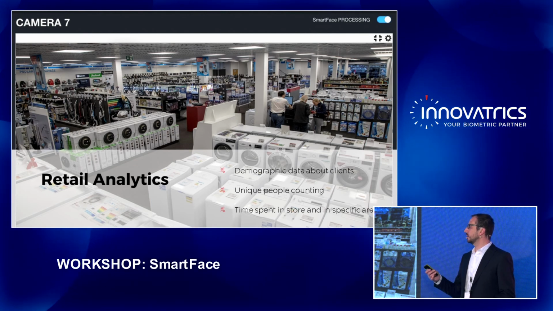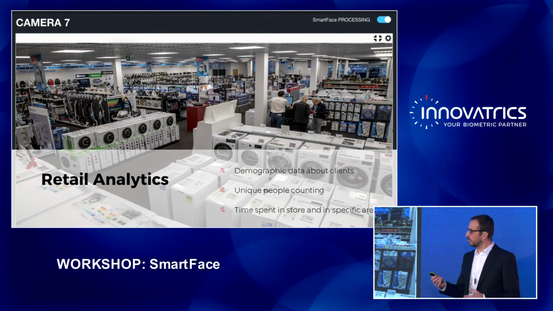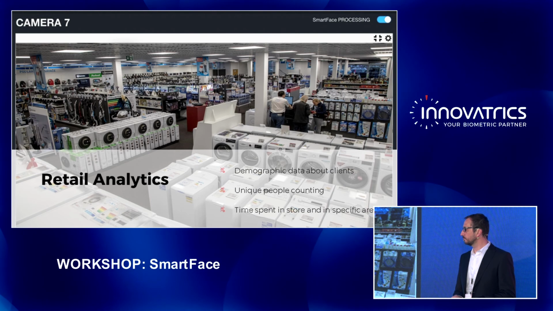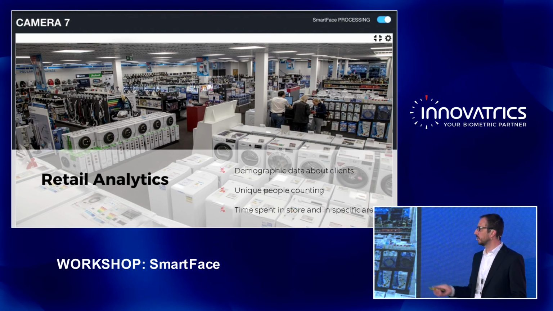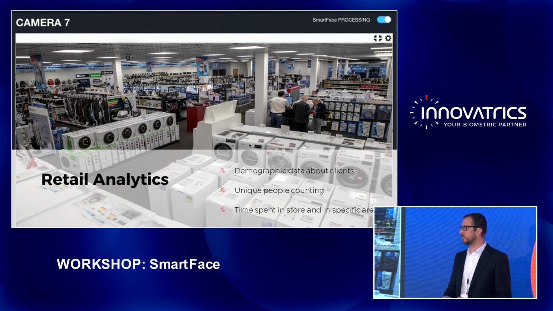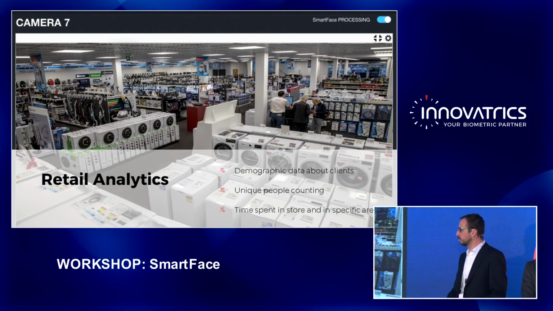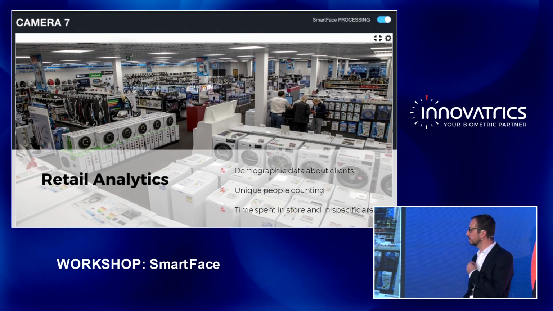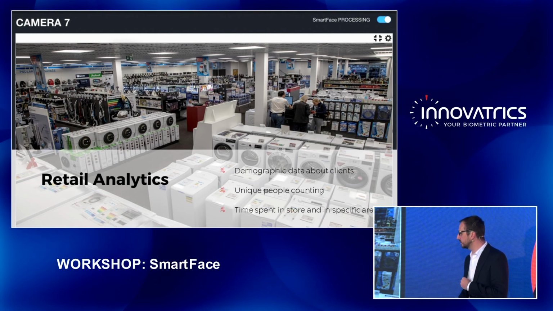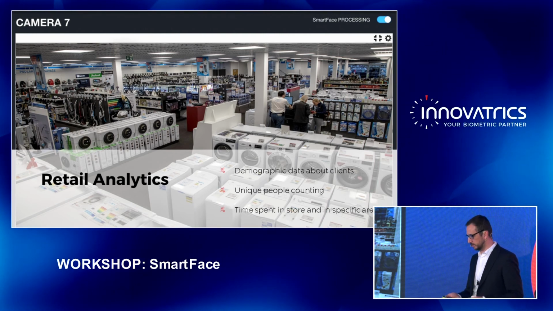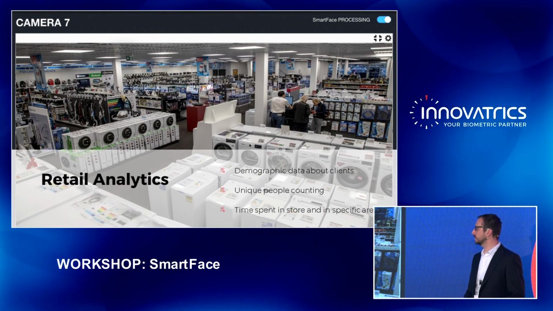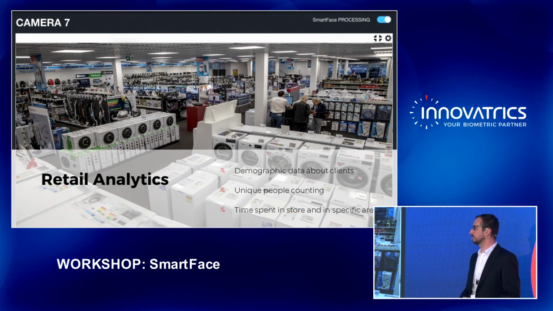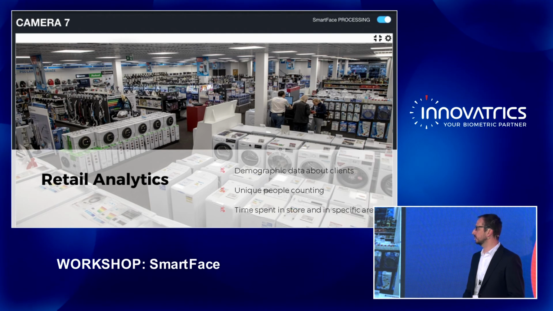You can group the people and see patterns. For example, if they are mainly visiting the space around cameras 2 and 3, you know that there is probably something really interesting, and you can take advantage of this data. Of course, you can get information about time spent in the store. That's pretty much the basic thing that you can get out of this data, without needing to do anything extra. This is out of the box in SmartFace currently.